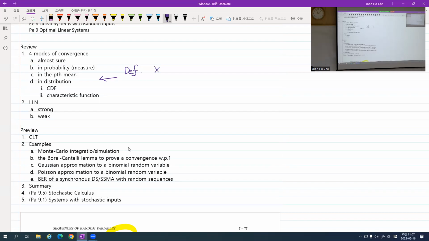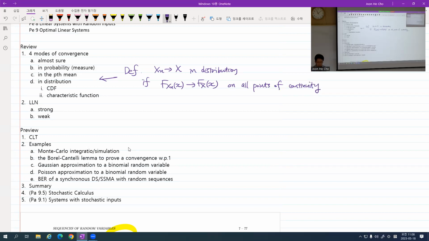A sequence of random variables converges to a random variable in distribution if the sequence of CDF functions converges to the CDF of the limit random variable on all points of continuity.